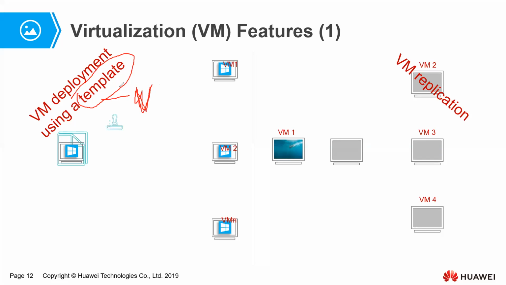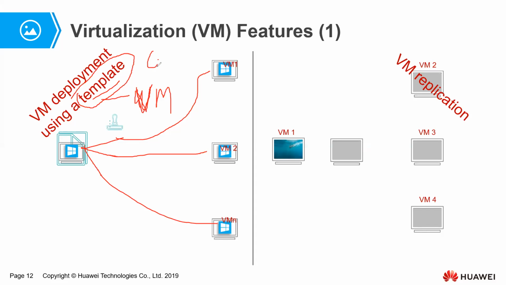You can think about it as a copy of a virtual machine that is stored as a template. You cannot run it, you cannot start it, and you cannot modify it, but you can use it to deploy other virtual machines. So think of it as a copy that you are going to use to deploy a copy of these machines that you want to deploy.